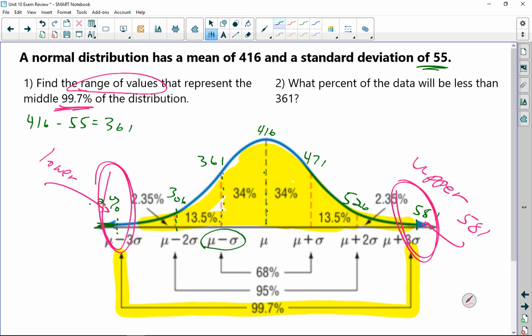How would I find it? 306 minus 55, which is what? 251. So my values that represent 99.7% of the distribution, that's my lower end. I put an inequality just like that. What goes in the middle?